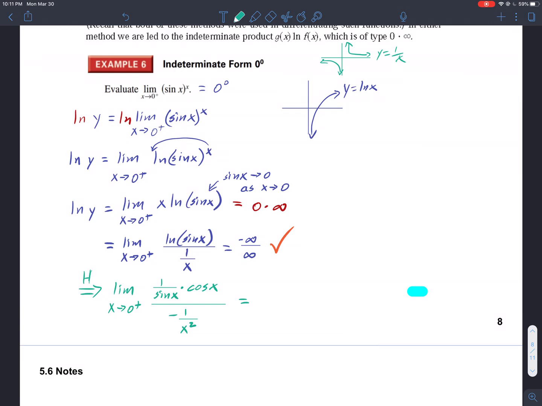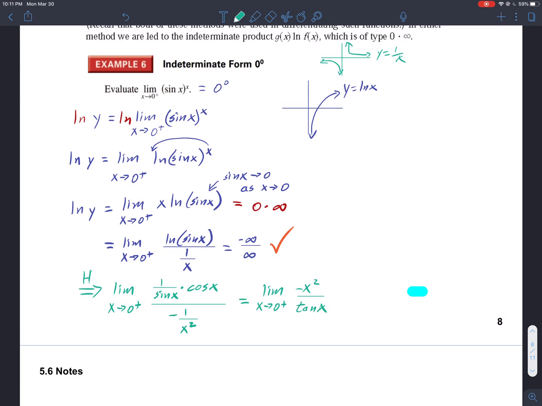So that, if I want to clean this up a little bit, turns into the limit as x approaches 0 from the right of cosine over sine in the top, and then negative 1 over x squared in the bottom. Well, the truth is, if I take the top and flip it and move it down, and I take the bottom and flip it and move it up, then I'm really going to be left with negative x squared in the top over tangent in the bottom.